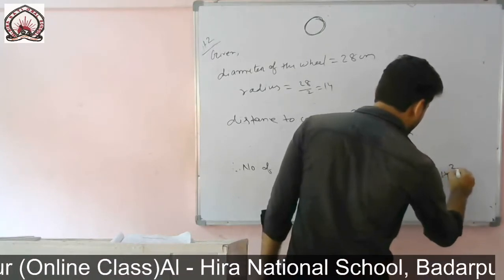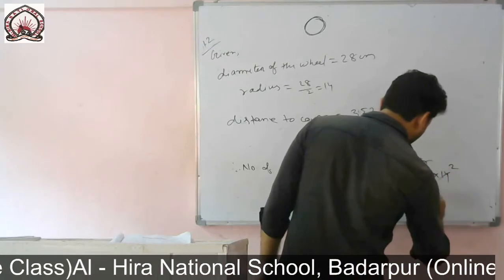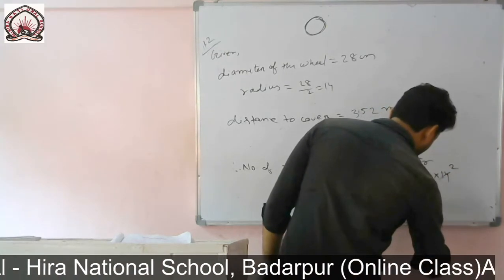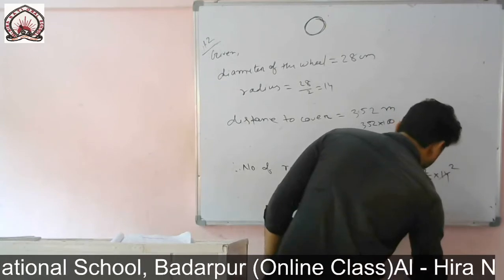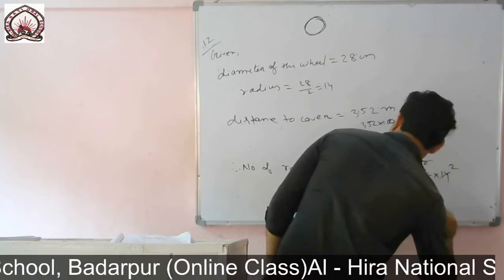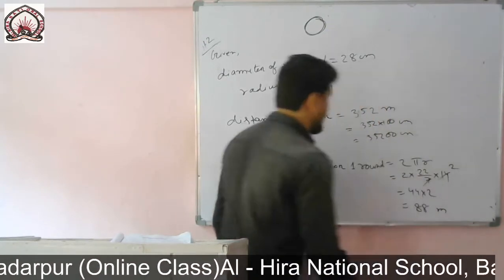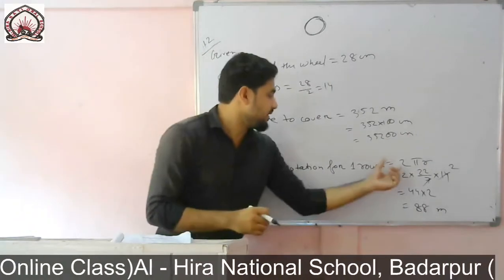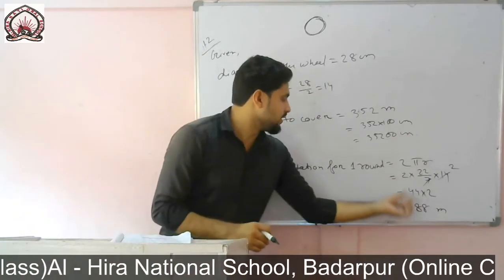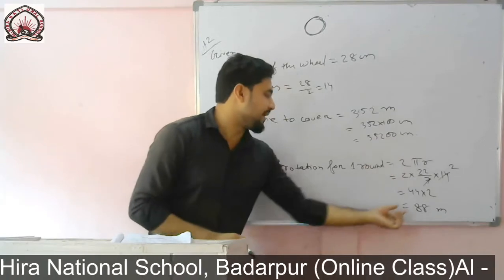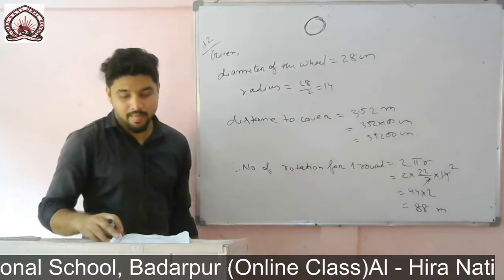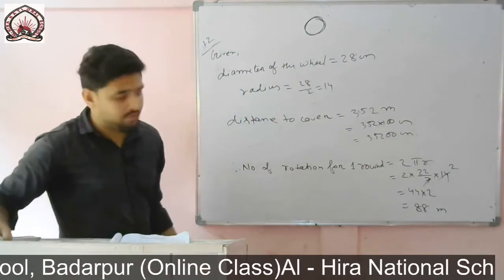If you cancel, you will get 44 into 2, that means 88. Now if you divide 352 by 88, then you will get the number of rotations.